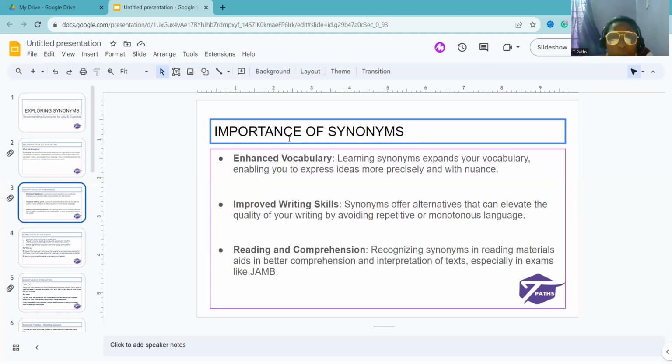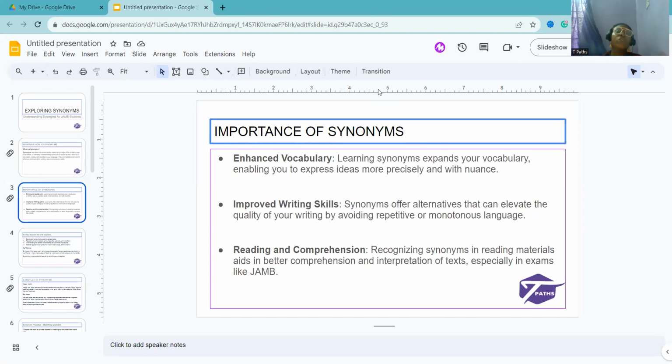Yeah, importance of learning synonyms. The first thing it does is that it enhances vocabulary. Learning synonyms helps to expand your vocabulary, enabling you to express ideas more precisely with nuance.